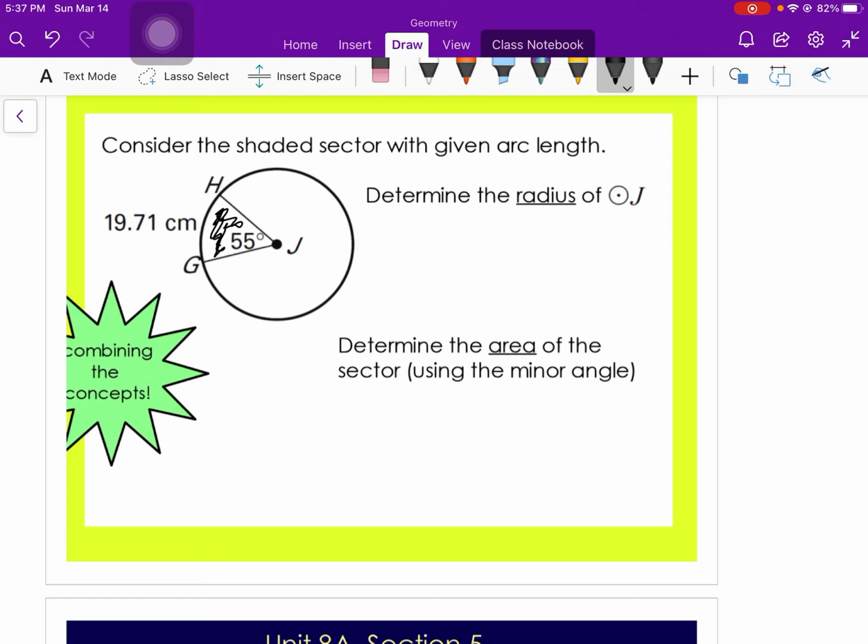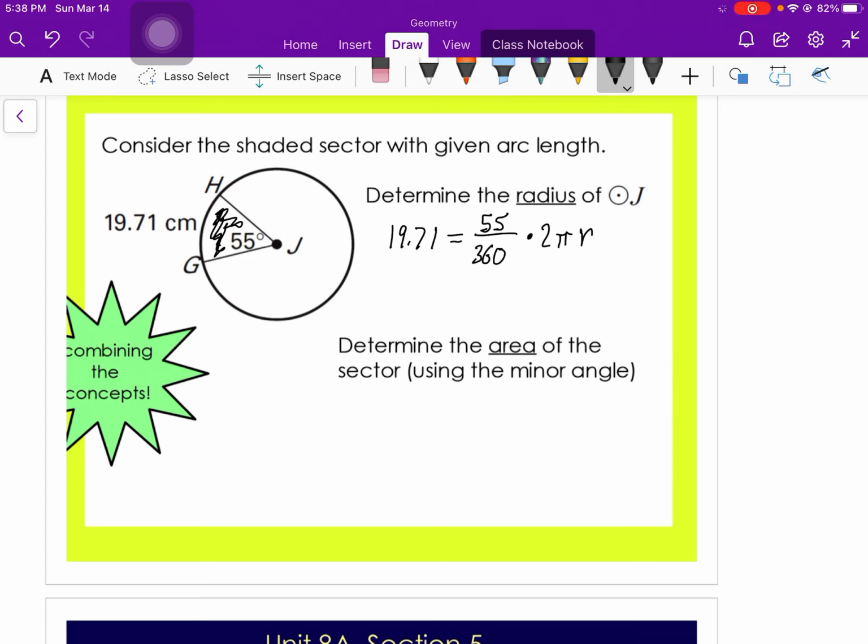So to do this, remember that it is the arc length, 19.71, equals our fraction of 55 out of 360 times 2 pi and then the radius, which is what we're trying to figure out. So this is the old formula from arc length because we don't know the sector area.